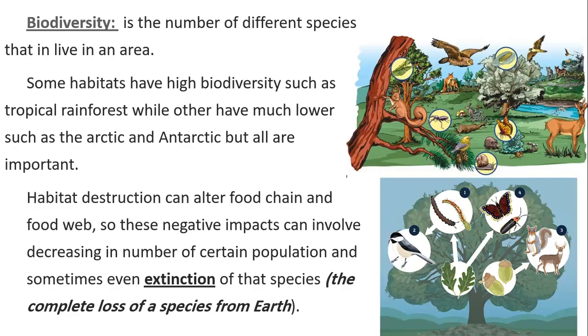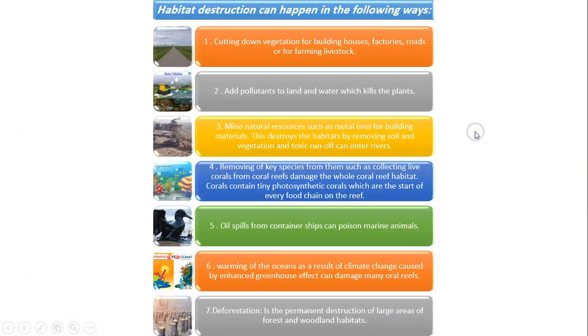This can also lead to extinction of some species, and as we agreed before, extinction is not a good thing, because when we have an extinct population, this will affect the whole food web and the whole ecosystem. What's extinction? It is the complete loss of a species from Earth.